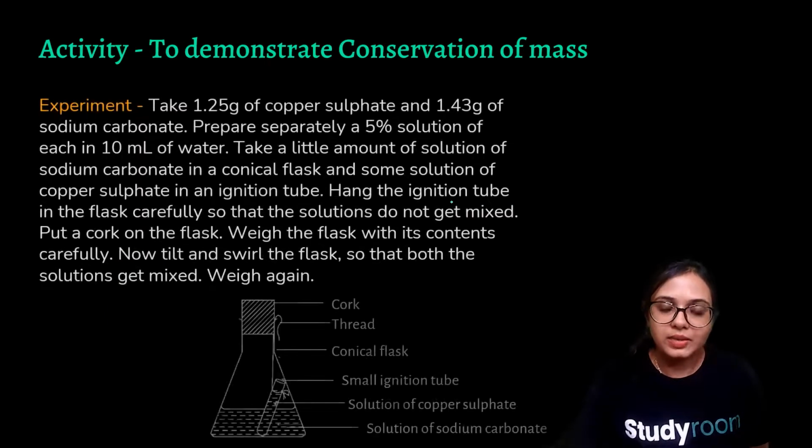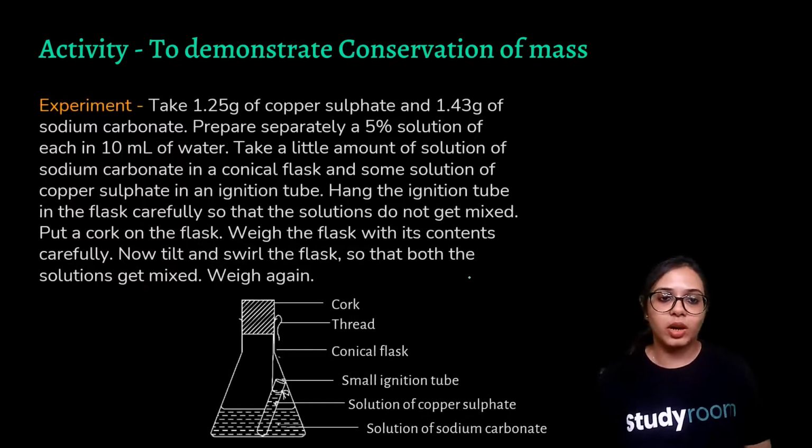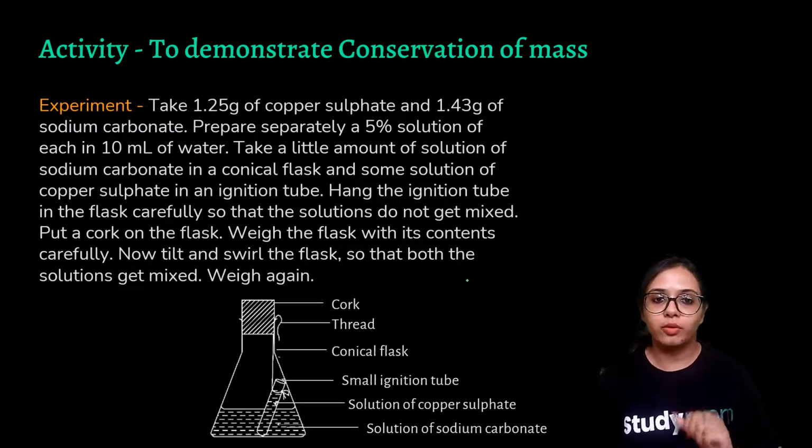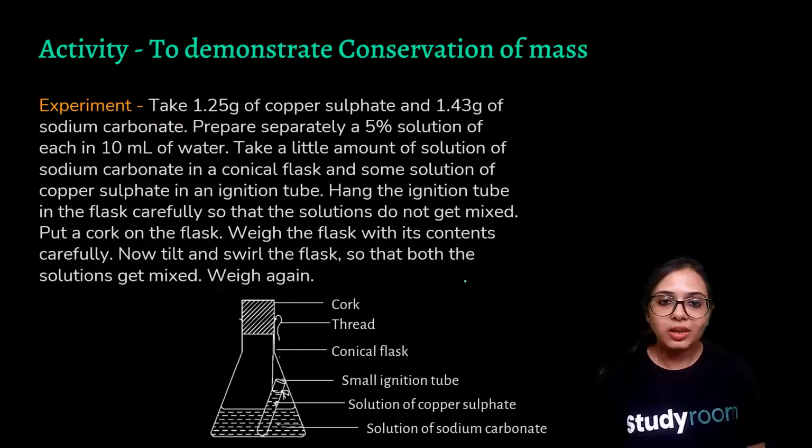For the activity to demonstrate this conservation of mass, we take 1.25 gram of copper sulfate and 1.43 gram of sodium carbonate. Then we prepare separately a 5% solution of each in 10 milliliter of water. Now we take a little amount of solution of sodium carbonate in a conical flask.